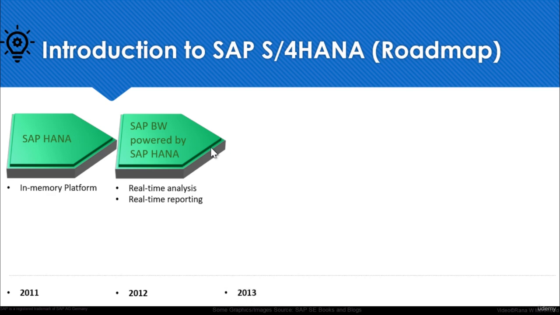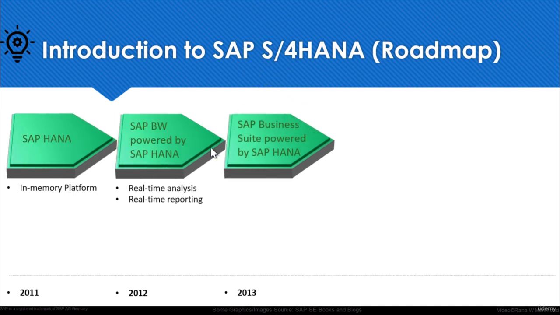Then in 2013, SAP Business Suite powered by SAP HANA was introduced that supported real-time business, SAP HANA Enterprise Cloud for SAP Business Suite on SAP HANA, and OLAP and OLTP, which I will explain in the next slide.